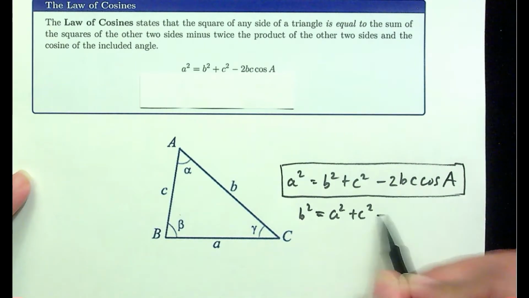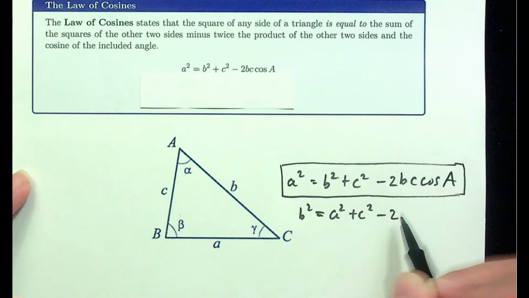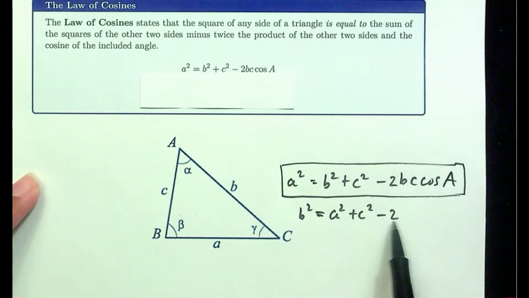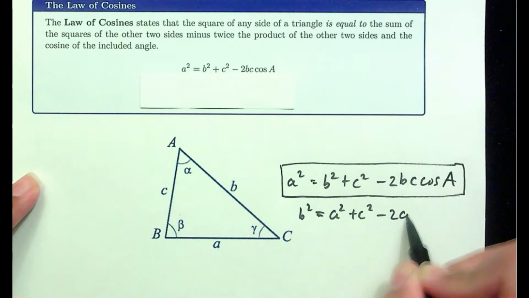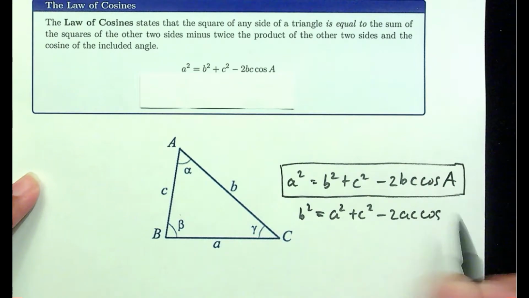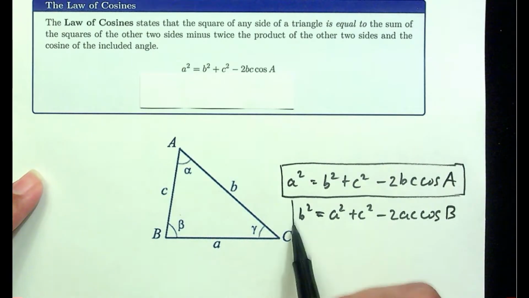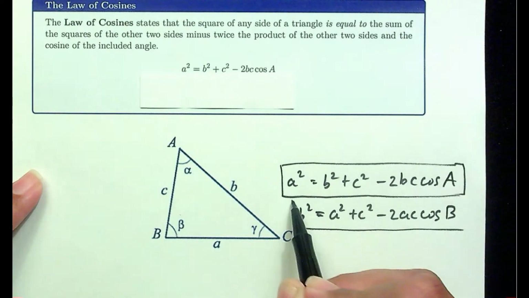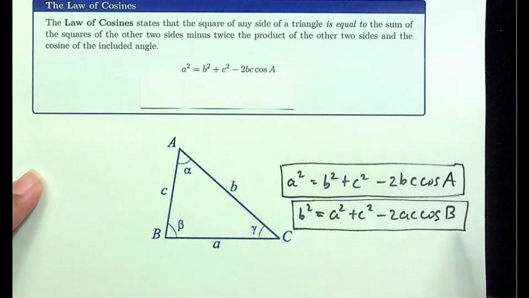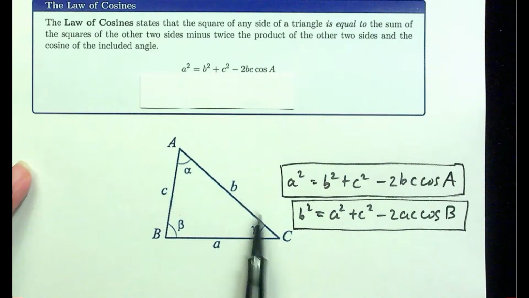So how do you fix that? Well, you subtract 2 times a times c, times the cosine of the angle between a and c. The angle between a and c is capital B. So that would be the law of cosines if I choose this side as my fake hypotenuse, and so on.